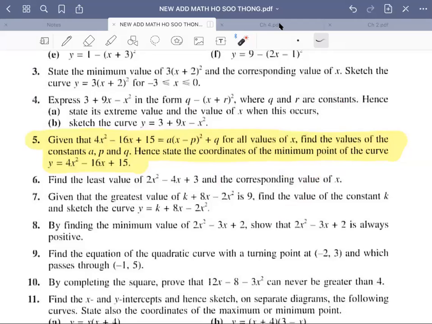The first thing that you need to do is again complete the square. So change that into completed the square form. Then don't forget to factorize 4x squared minus 16x. You need to get rid of that 4 from the 4x squared. So it will be just a times (x minus p), or simply x minus 2.